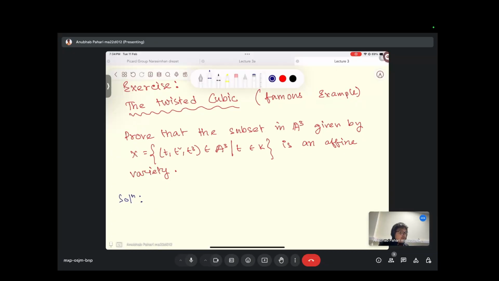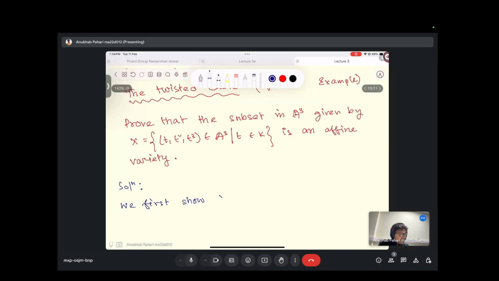We first show that x belongs to V(I) for some I of k[x,y,z].